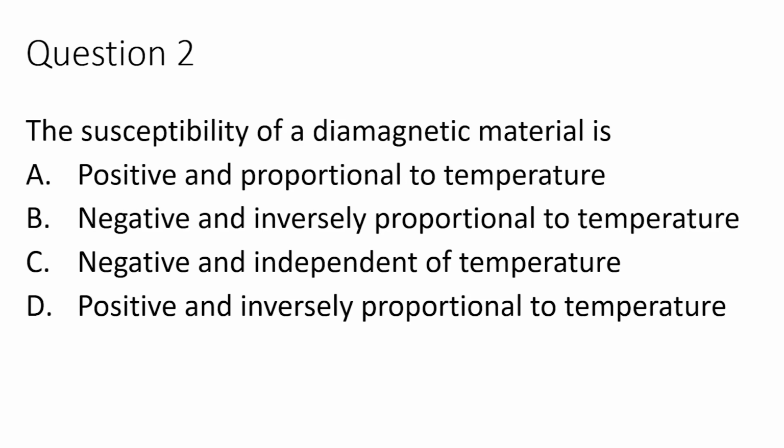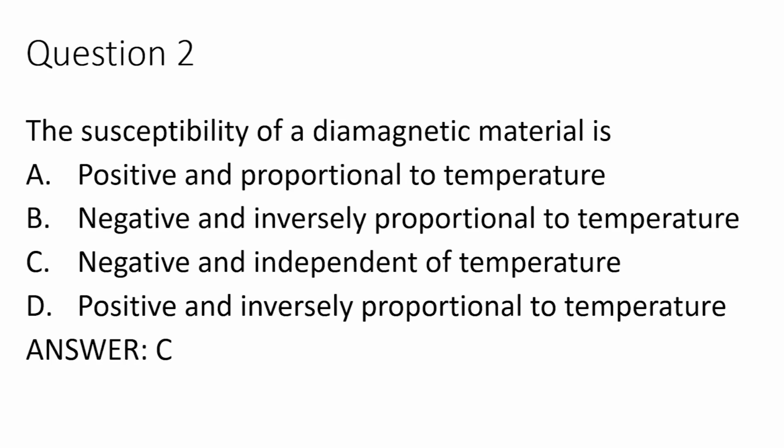Examples are bismuth, copper, lead, sodium, etc. So, the magnetic susceptibility for such materials is independent of temperature. That means option C is the correct answer, because the magnetic susceptibility is negative for diamagnetic materials, and it is also independent of temperature.